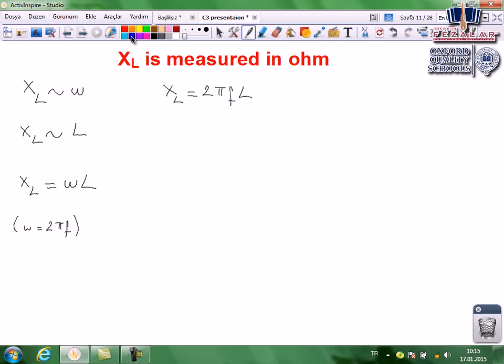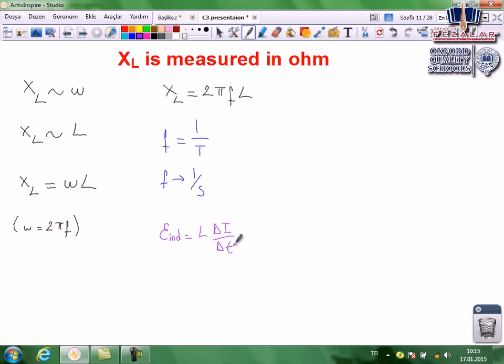Frequency is, remember from previous year, 1 over period. The unit of time is second. That means the unit of frequency is 1 over second. And remember, how can we calculate L? EMF induced equals L delta I over delta t.